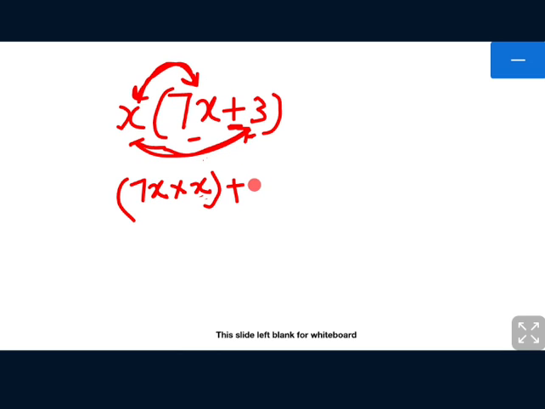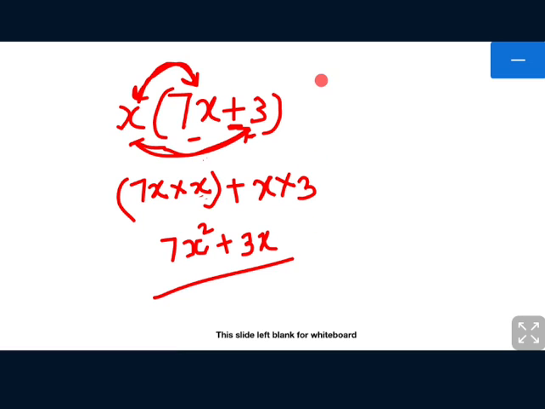So it will be x multiplied by 3. So this will give you 7x squared plus 3x. Okay? Is that clear? Yes. Okay, so you just write this down.